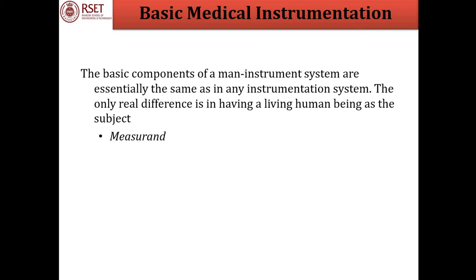The basic component here is the man himself, and hence the physiological parameters that are being measured are the first important component. So the measurement is the first important entity of the basic medical instrumentation system.